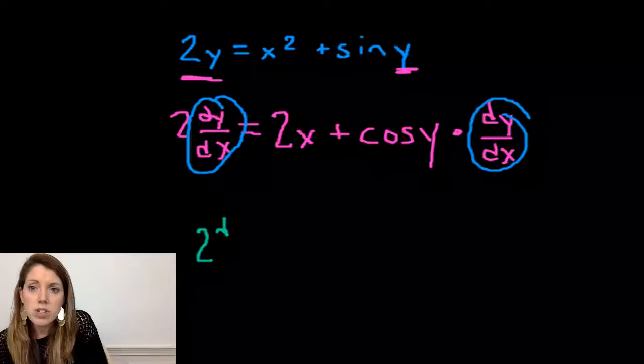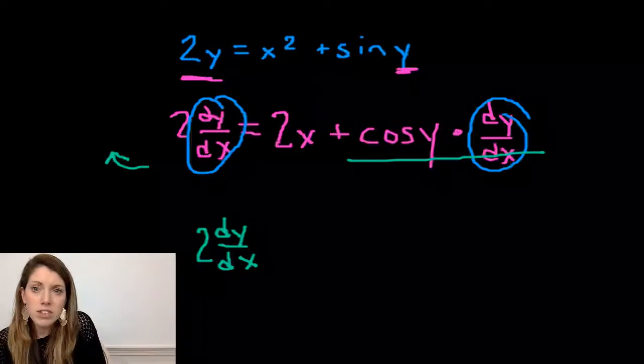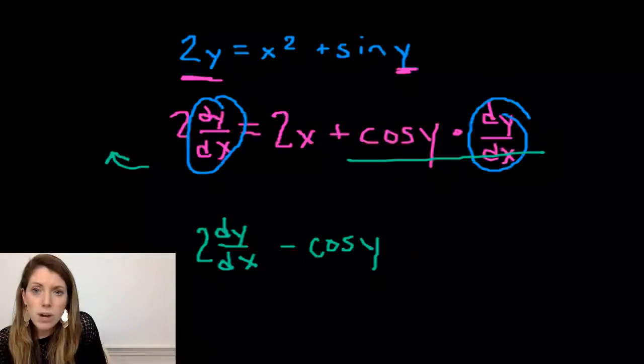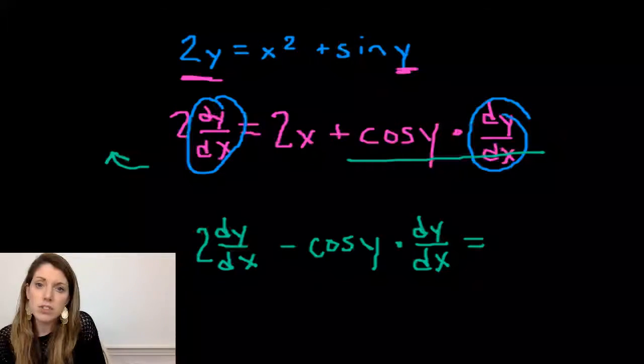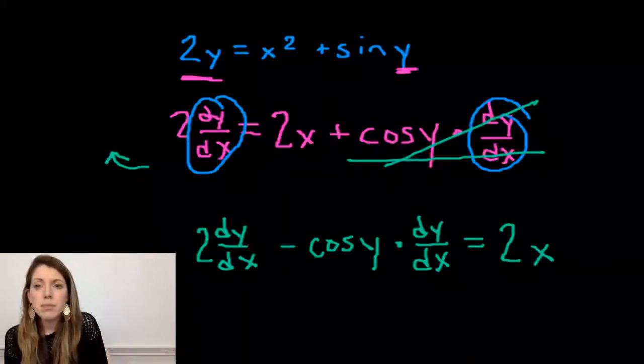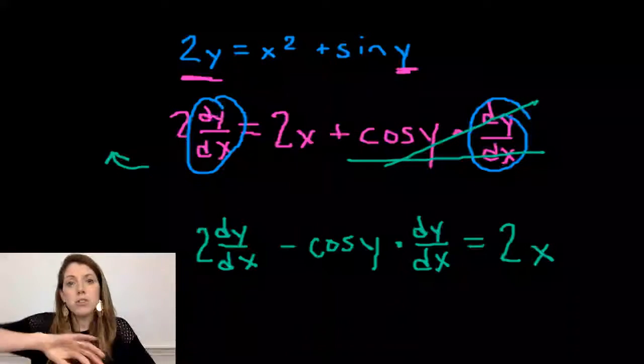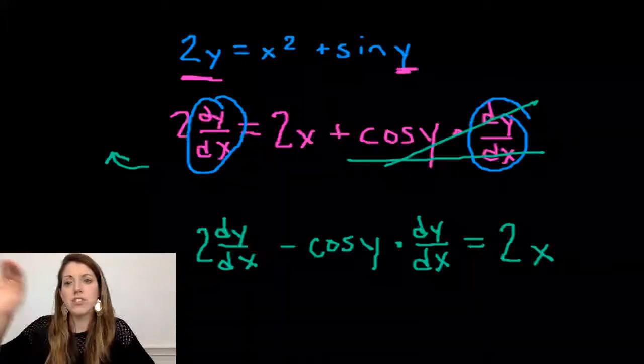So we'll have 2 dy dx, and then let's subtract this over to the left side. So subtract cosine y times dy dx, which leaves us, we're doing that on both sides technically, with just 2x on the right. We want to solve for dy dx, so let's pull it to the front like a reverse distribution.